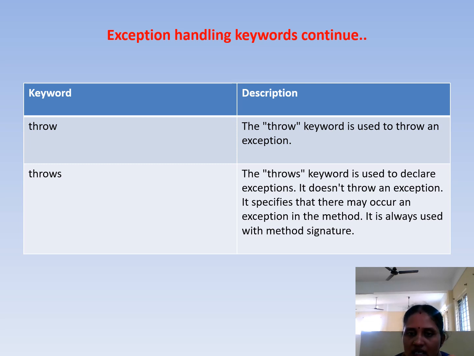Method signature means it contains the method name, the type of the parameters and the order of the parameters.